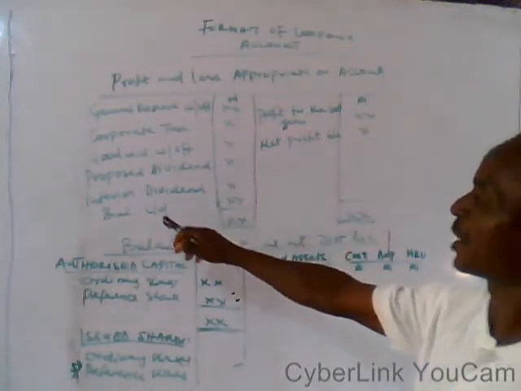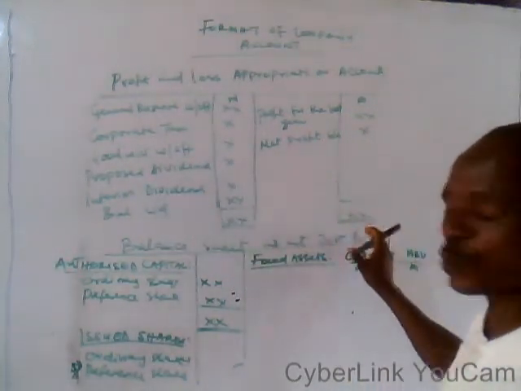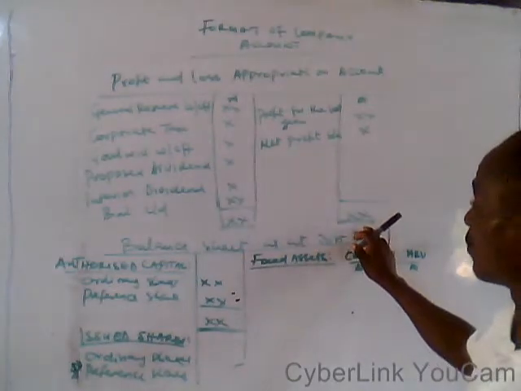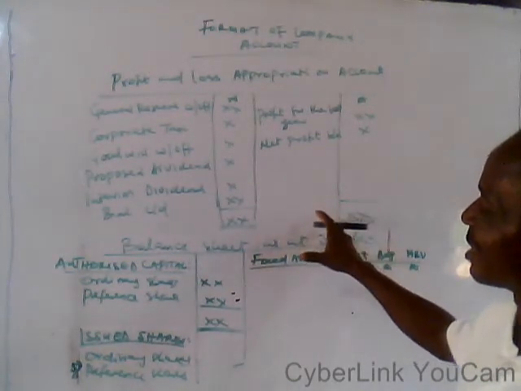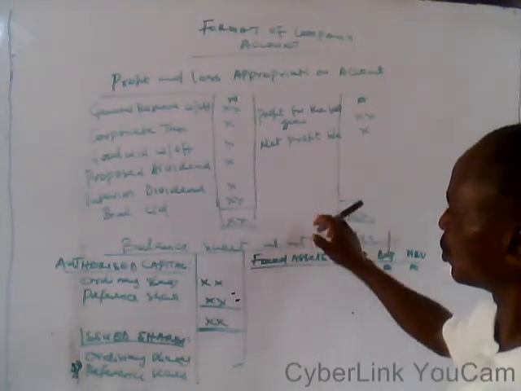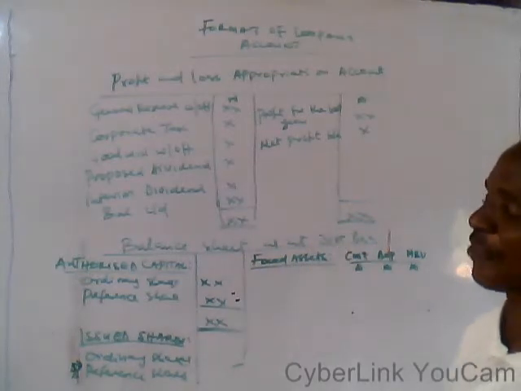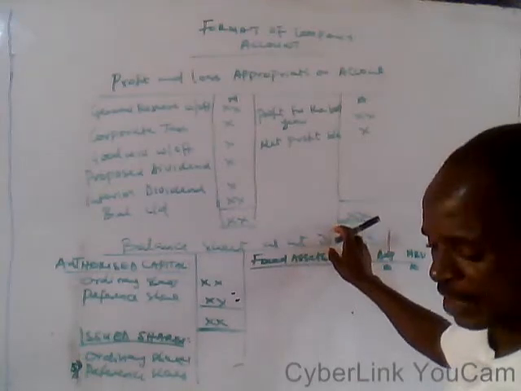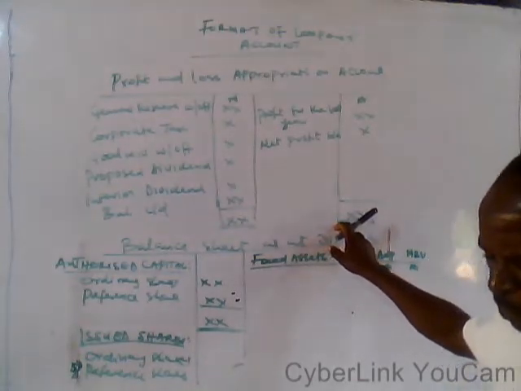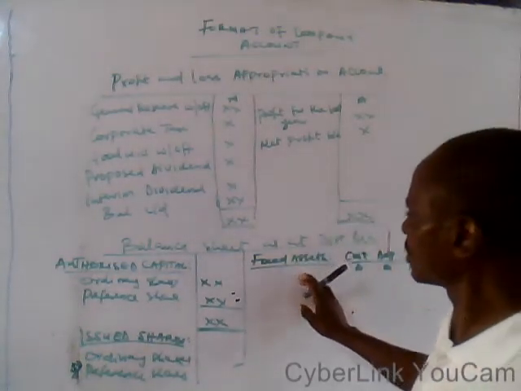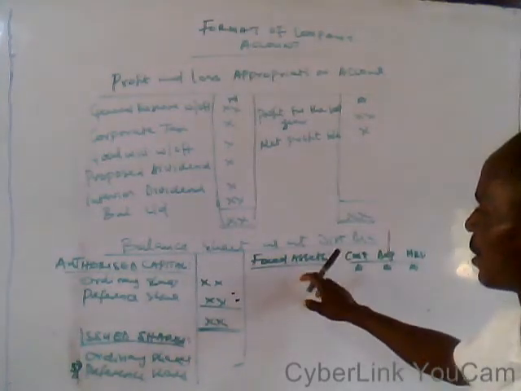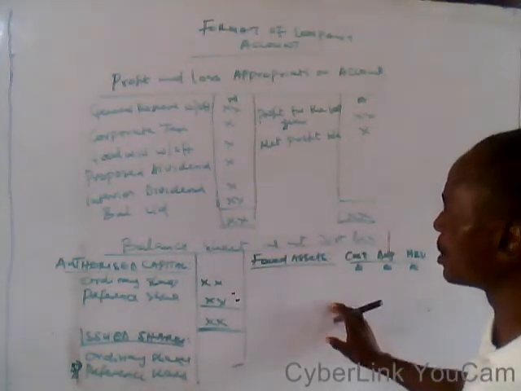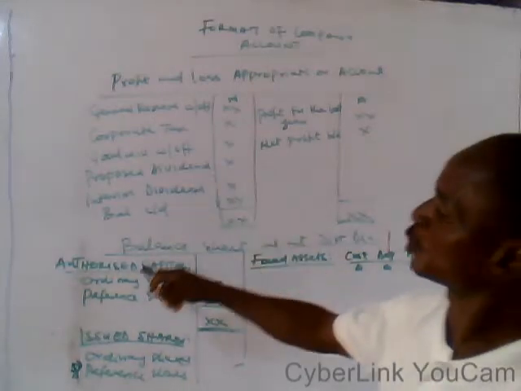Once you have the gross profit carried down, you move to the other side, where you have the gross profit brought down. If you have income received, it must be under the same gross profit. If you have discount received, rent receivable, everything will be there. Now you move to the expenses side.